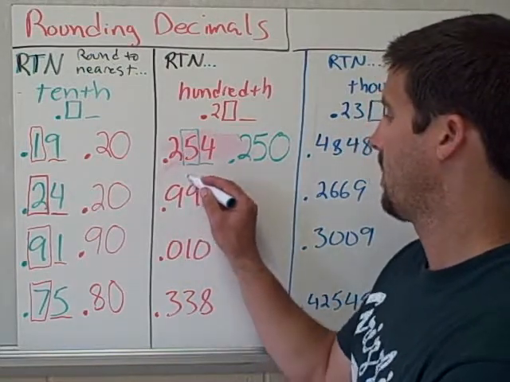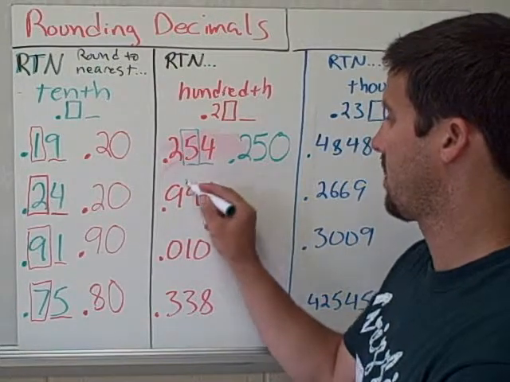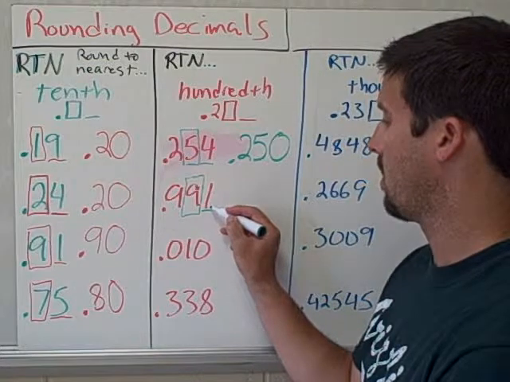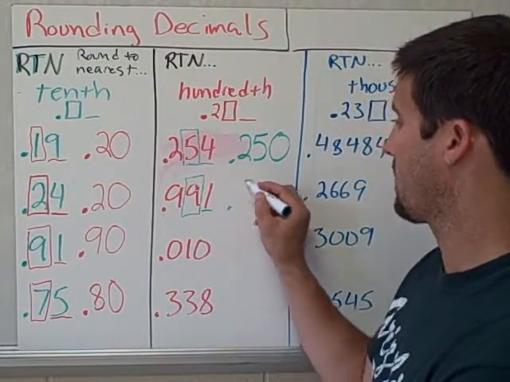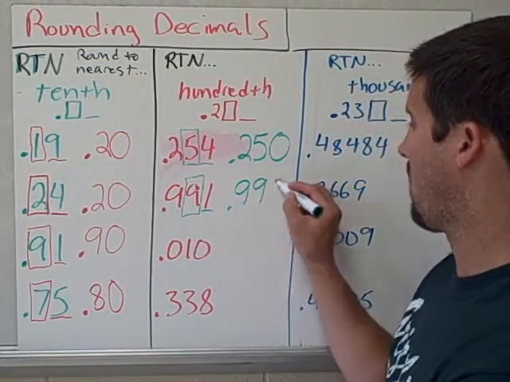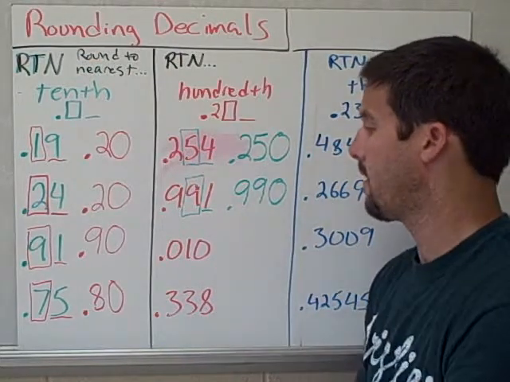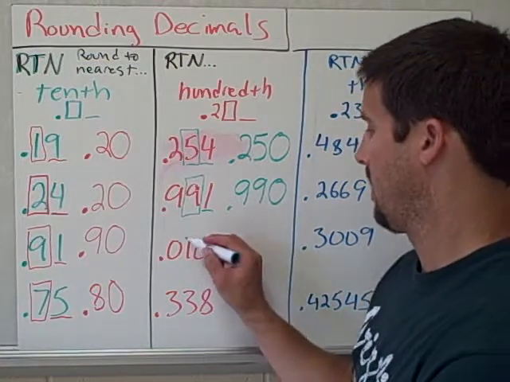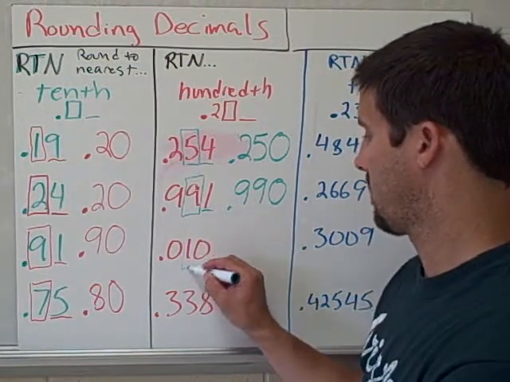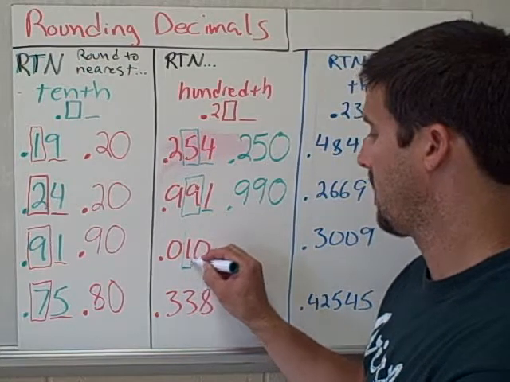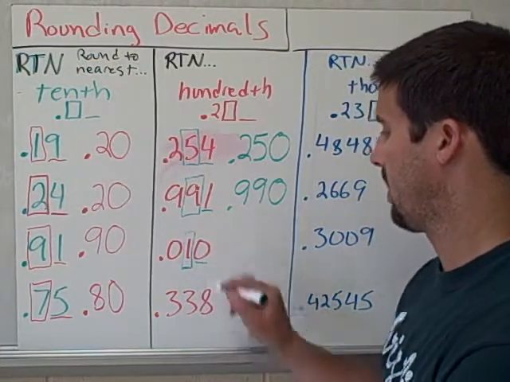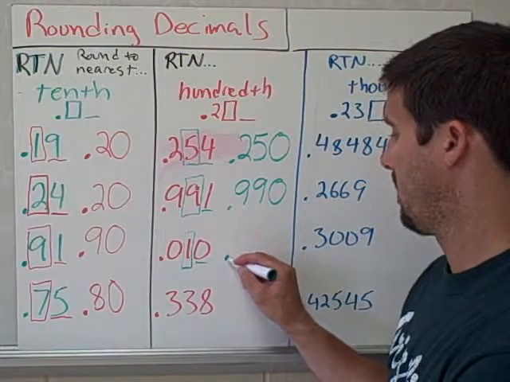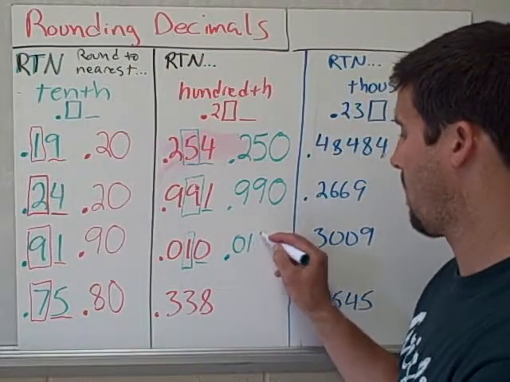Let's look at this one. Tenths, hundredths. Underline the thousandths place. It's in the lower group. Everything stays the same except for the 1. I make it 0. 0.991 becomes 0.990. A nice round number. Tenths, hundredths, thousandths. I look at the 0, I see that it is on the small side, 0, 1, 0.